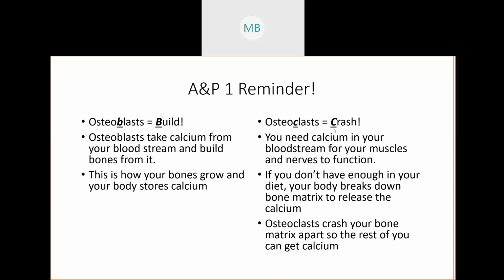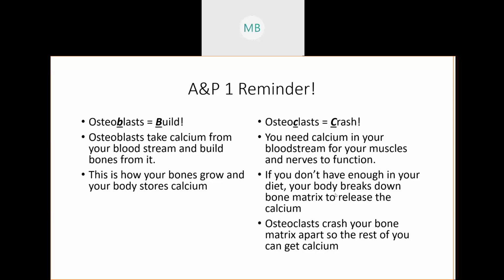Osteoclasts with a C crash. If you guys remember from your nervous system unit and your muscular system unit in A&P1, you need calcium in your bloodstream for your muscles to contract and function and for your nerves to function.